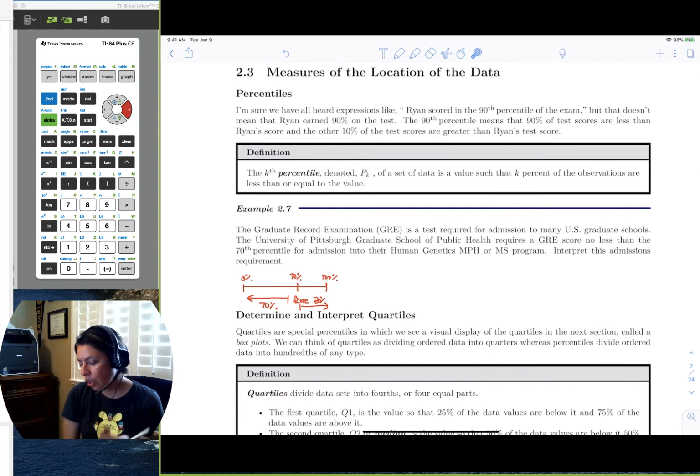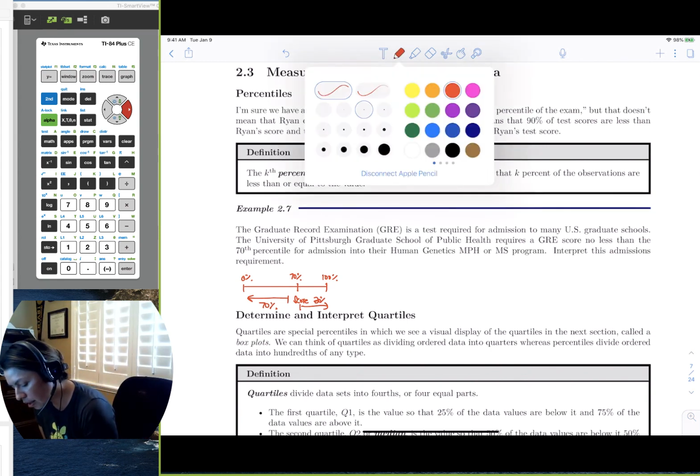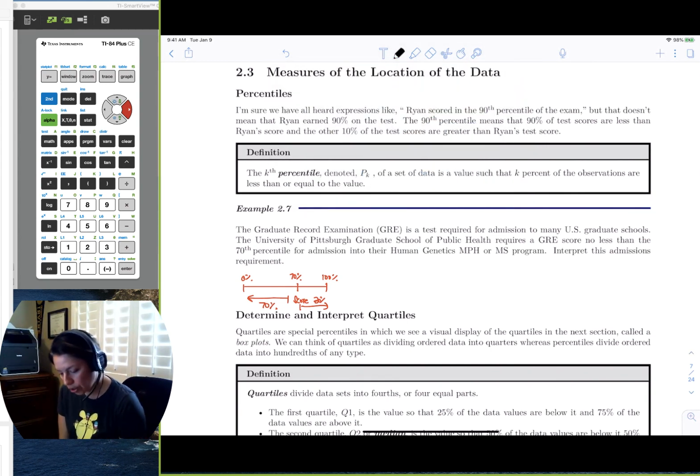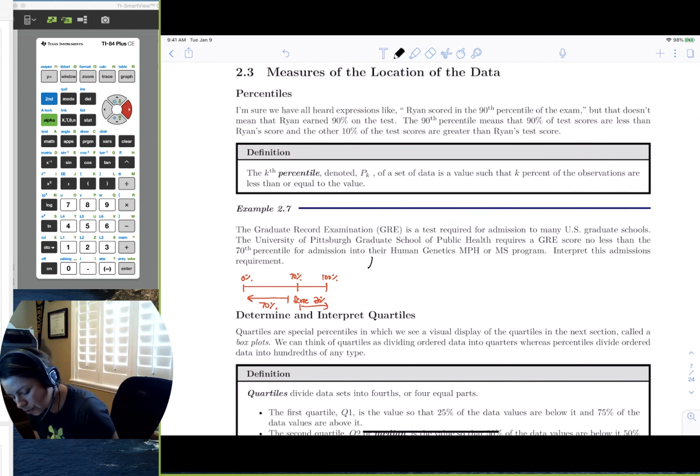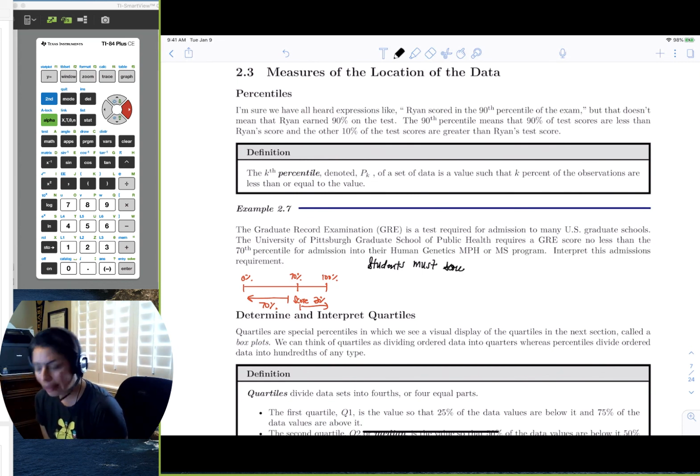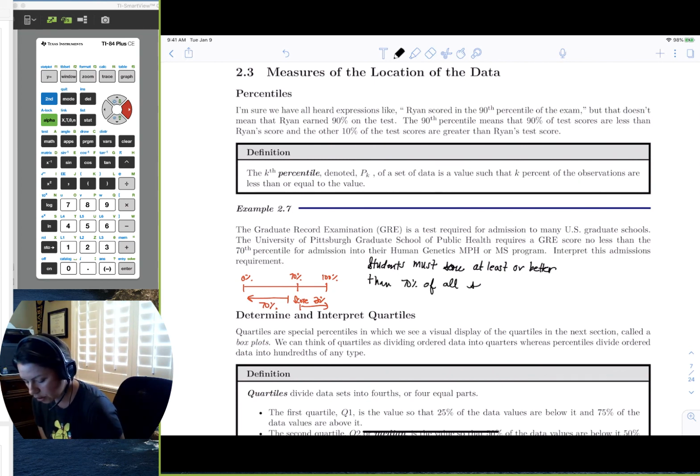Interpreting this for the GRE and the University of Pittsburgh, we would say that students must score at least or better than 70% of all scores from the GRE.